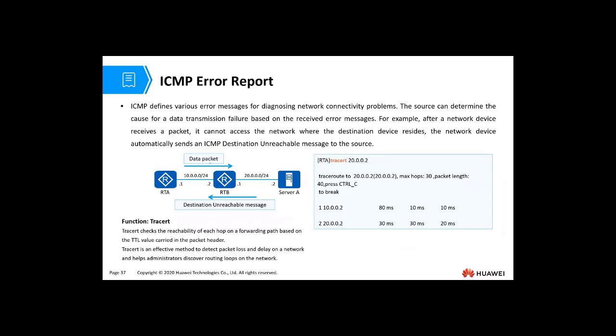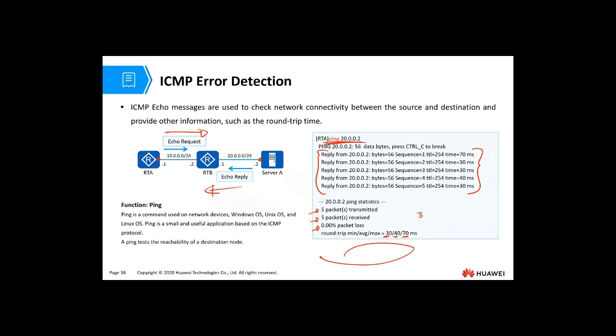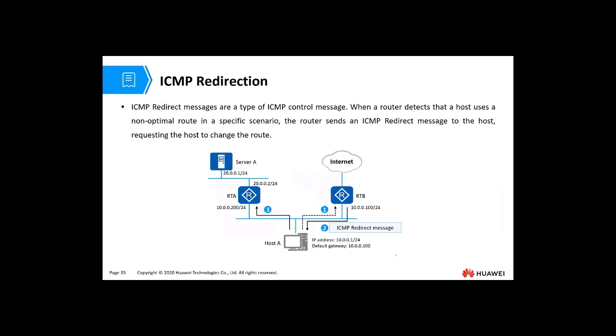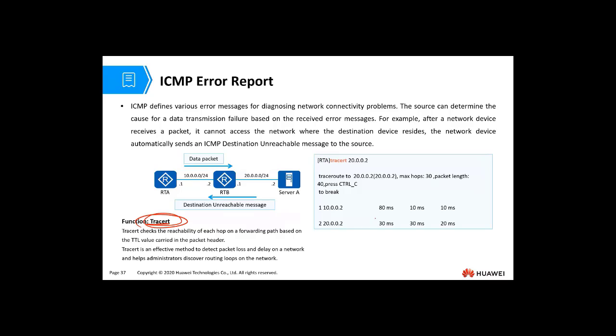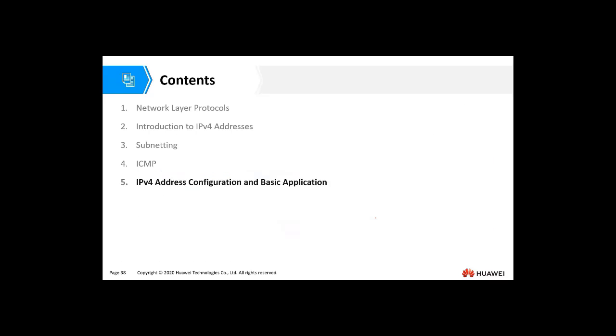So the error reports, like destination unreachable, host unreachable, network unreachable, that is also an application of ICMP. So traceroute is one application, ping is one application, ICMP redirect is another application of ICMP.